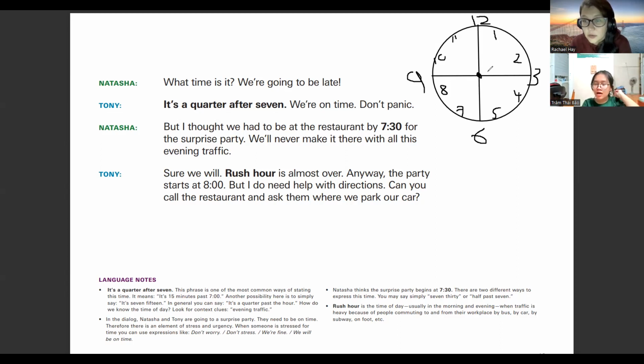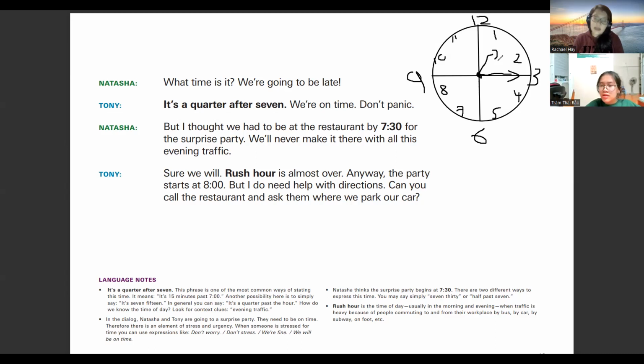Okay, so for example, if we are shown the long arm over here by the 3 and the short arm just slightly past the 1, what time is that? Quarter past 1. Good.